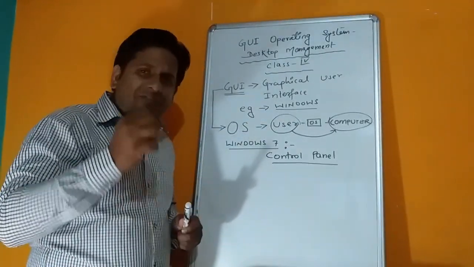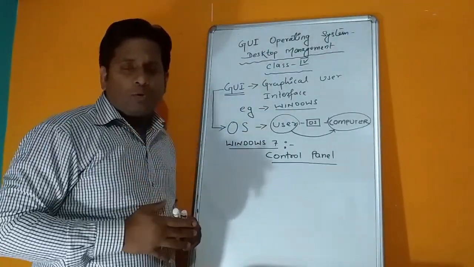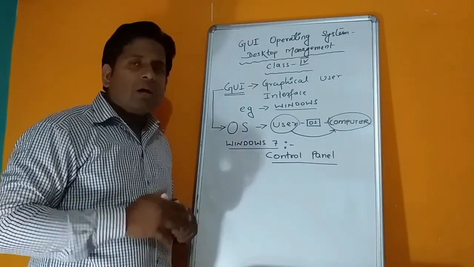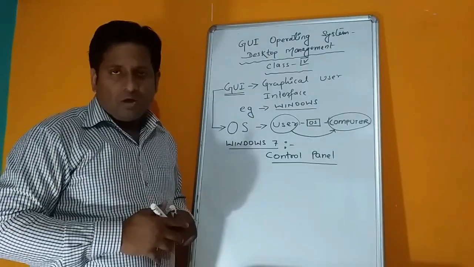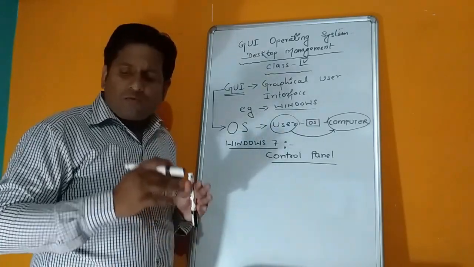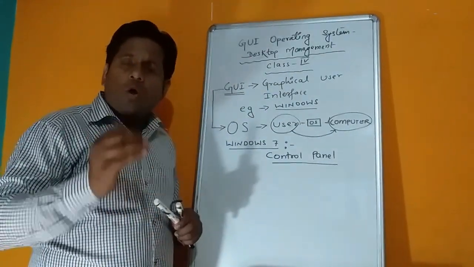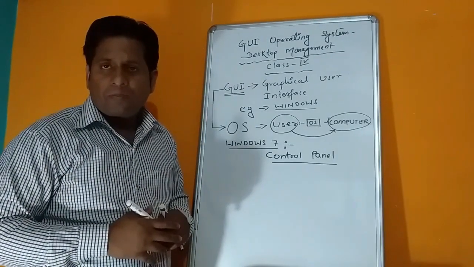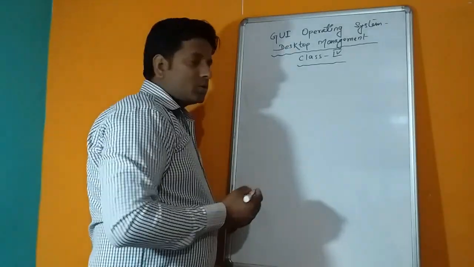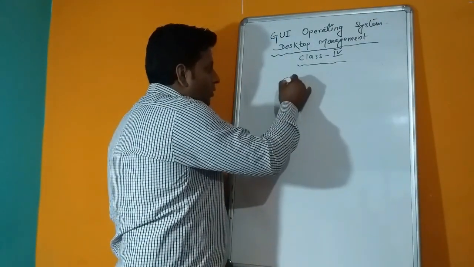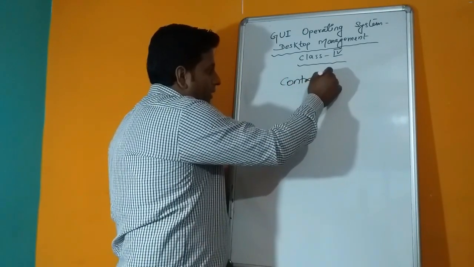For each and every thing which the user does to computer settings, we need the control panel. So the control panel is a very important feature of any Windows operating system. Is this clear, children?